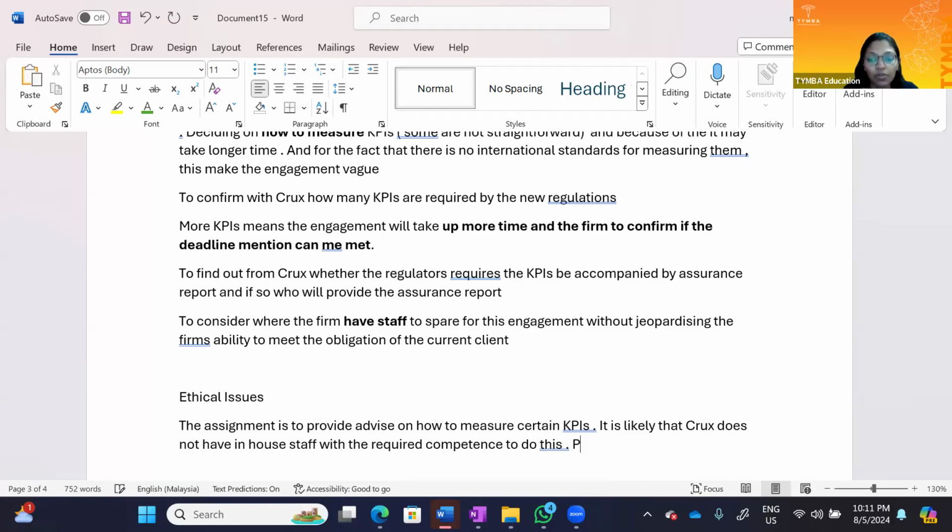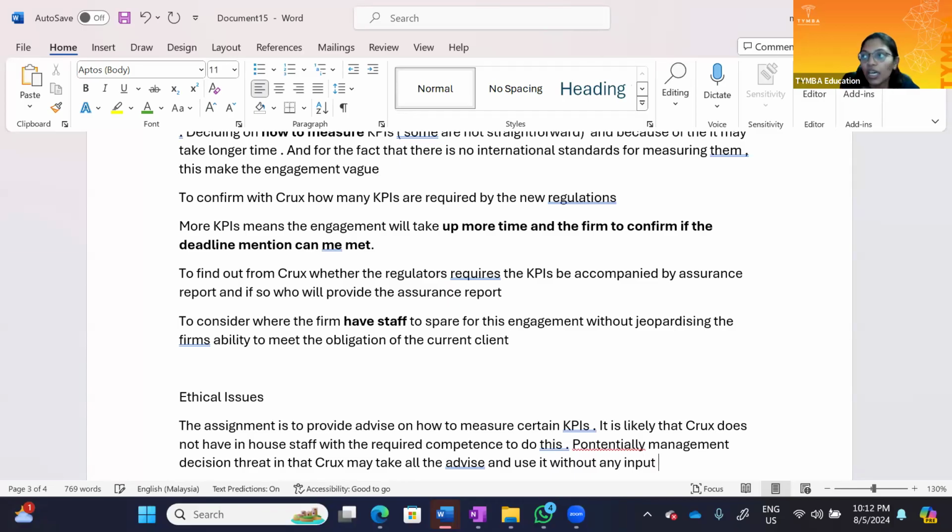So there is potentially a management decision threat, in that Crooks may take all the advice and use it without any input of their own.